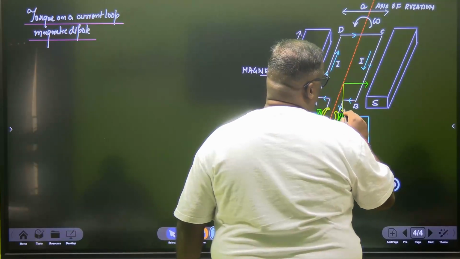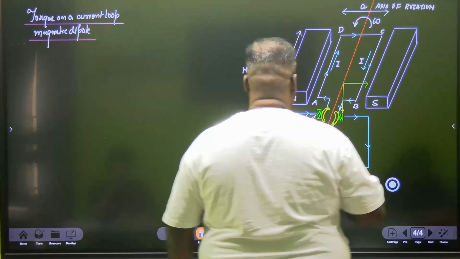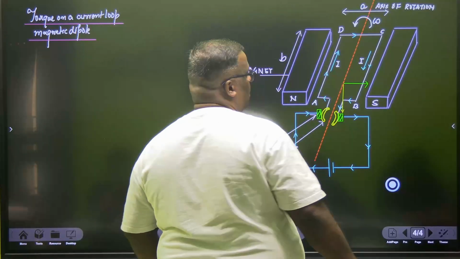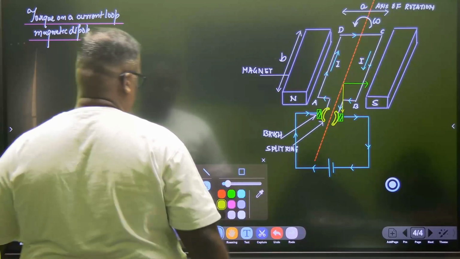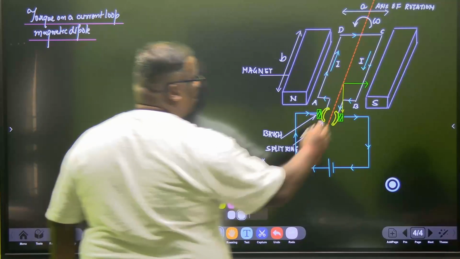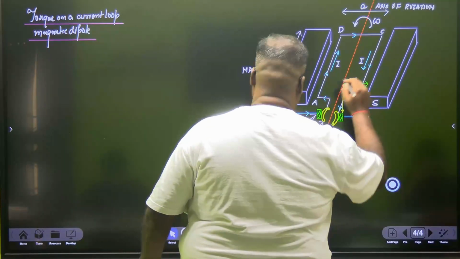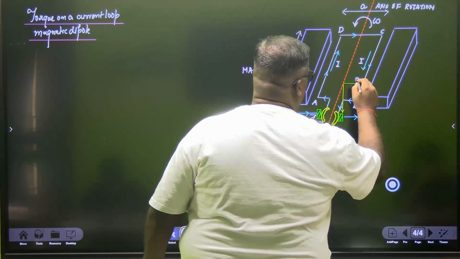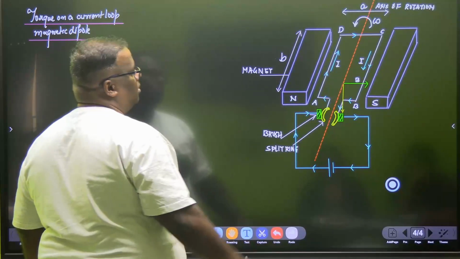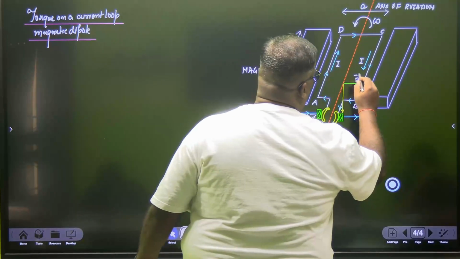Later I'll tell you what this is. Right. Fine, this much. This is B. Magnetic field always points from this.